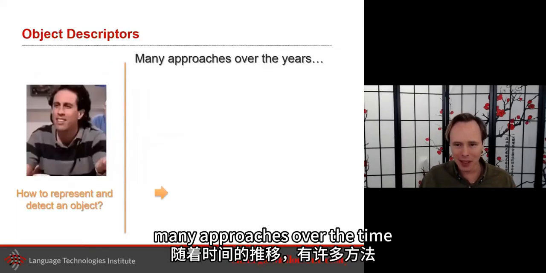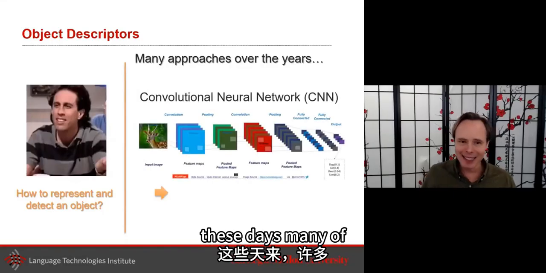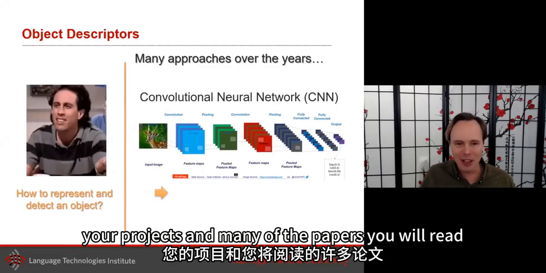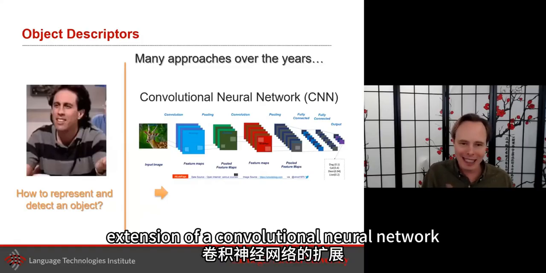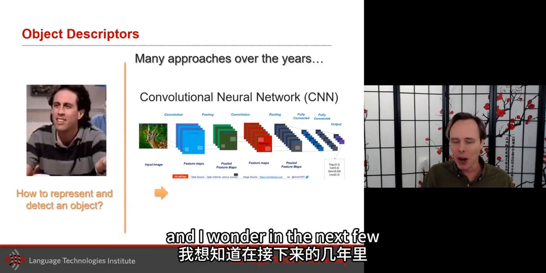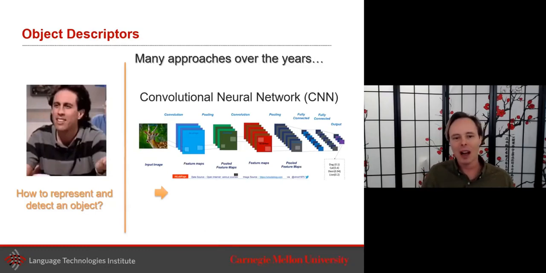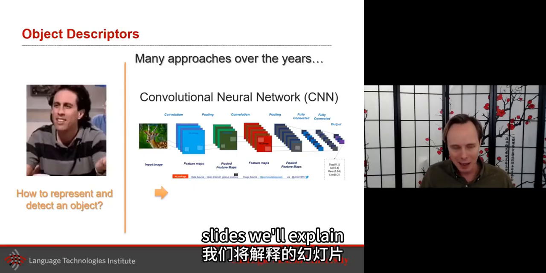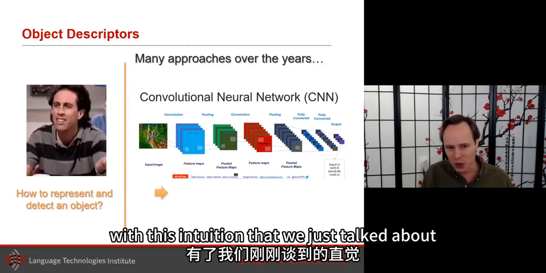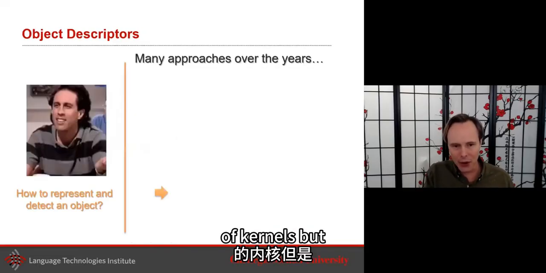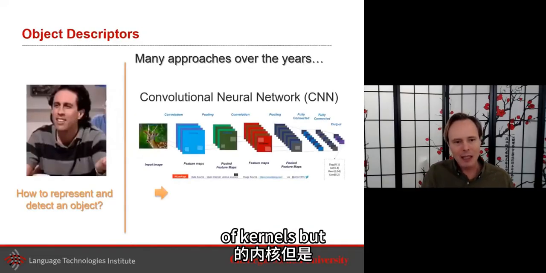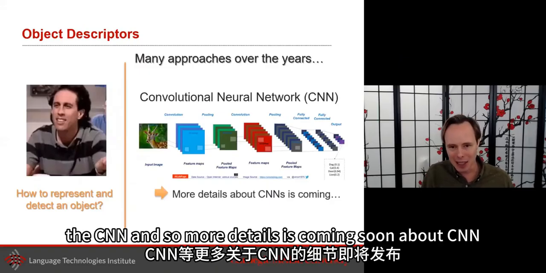Many approaches over time, and these days many of your projects and many of the papers you will read, will be an extension of a convolutional neural network. In the next few slides, we'll explain this architecture with the intuition of kernels that we just talked about. More details are coming soon about CNNs.